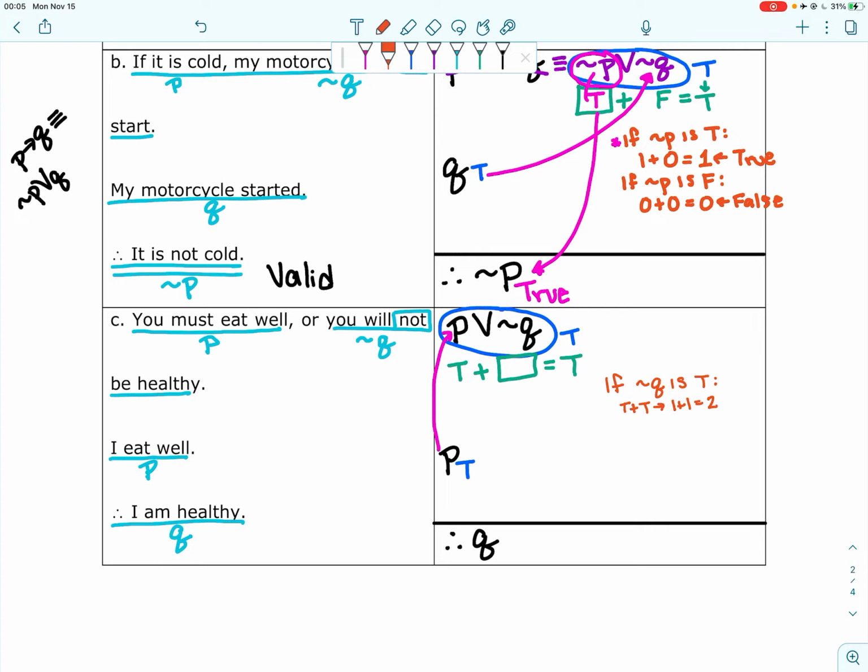A statement is true if its value is 1 or higher. So this would be a true statement. So not Q could be true. Could not Q be false?